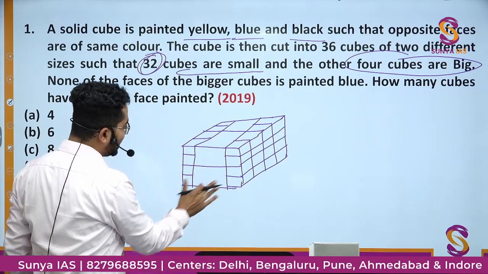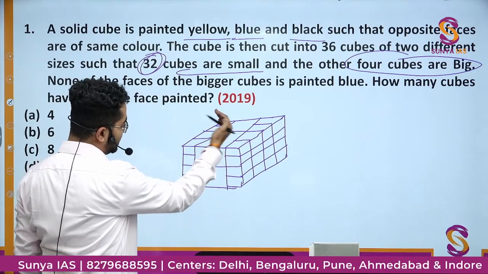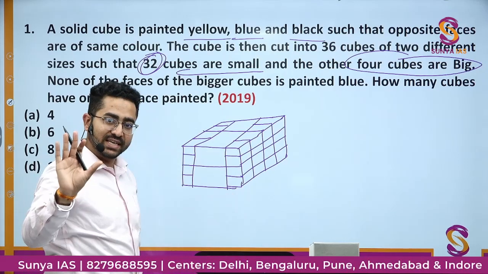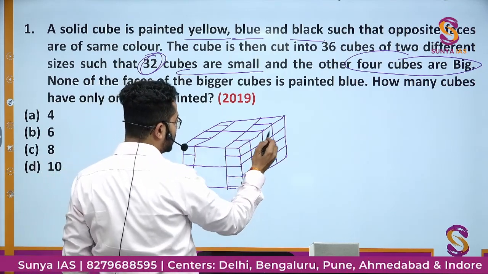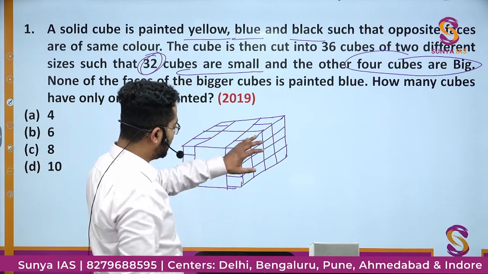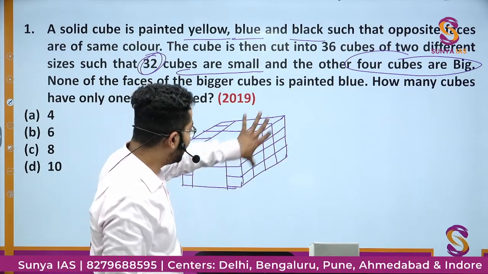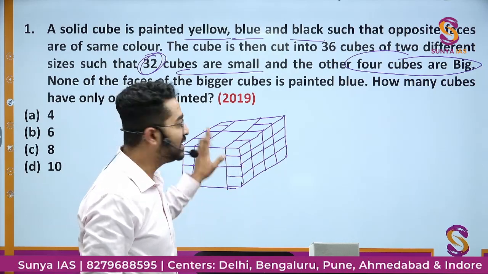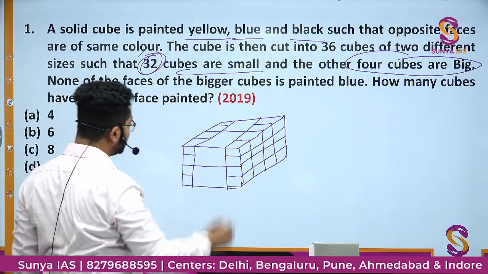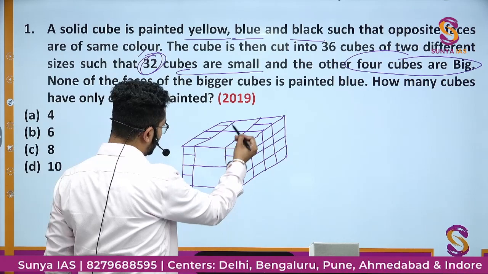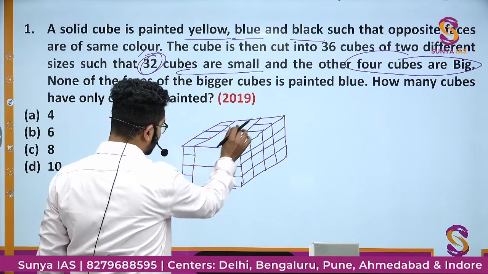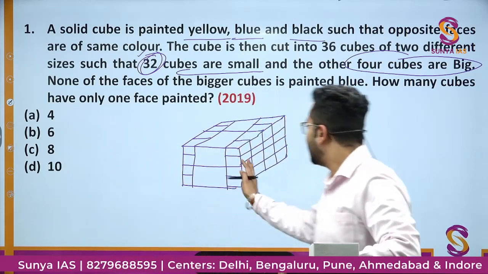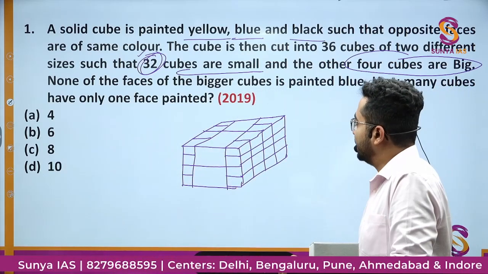So effectively here would be 4 cubes. There will be 4 behind this 4, below this 4. There would be 16 cubes here, and here 1, 2, 3, 4, 16. Half a cube is getting into another side. So here effectively will be 8 cubes, and here 8 cubes. So 8, 8, 16, and 16, 32. So these will be 32 smaller cubes, and these 1, 2, 3, and 4 bigger cubes. So this is the diagram which you need to understand.